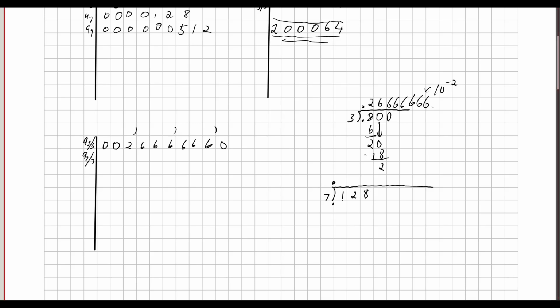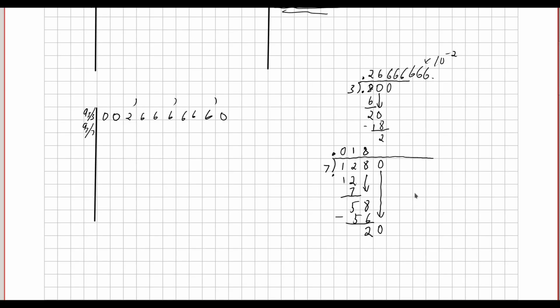Now 7 doesn't go into 1, so we'll carry that down. 7 goes into 12 once. Carry that, so 7 is 5. Drop down that. Now that will go into 58, 7 eights are 56. So put the 56 there and take that away. 2, we'll drop down that.